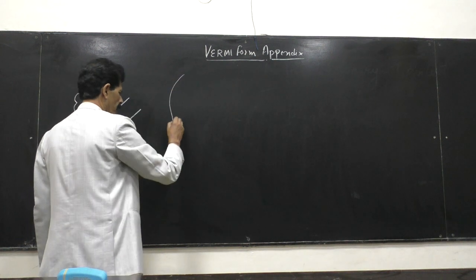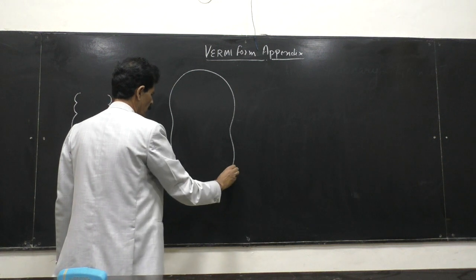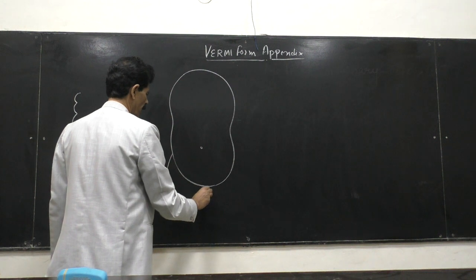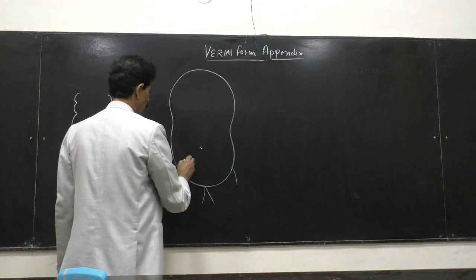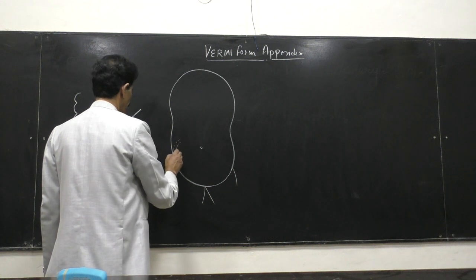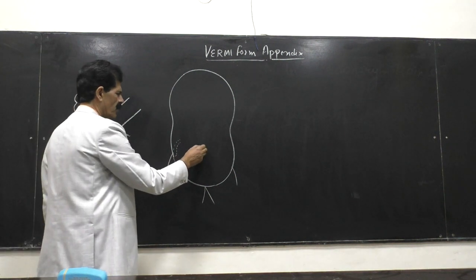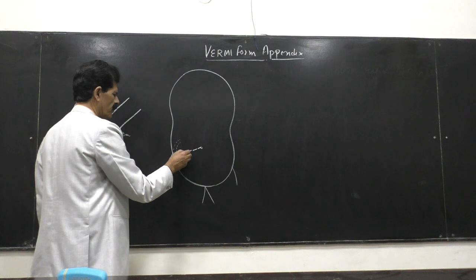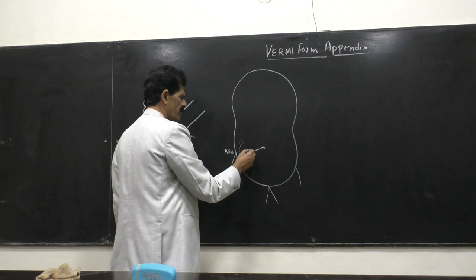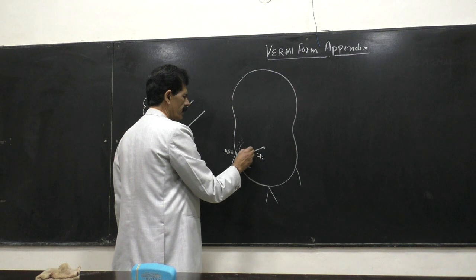If we see the human abdomen, the base of the appendix is fixed and the tip may be variable, it may be in any other position, but the base is always present at the junction of the lateral one-third and medial two-thirds of a line joining the umbilicus with the anterior superior iliac spine, in the right iliac fossa.